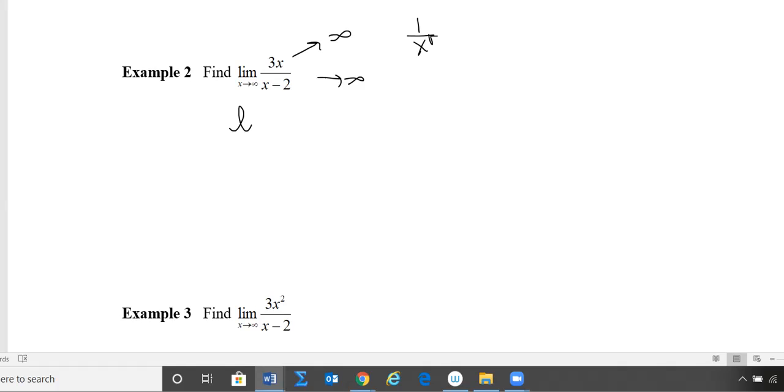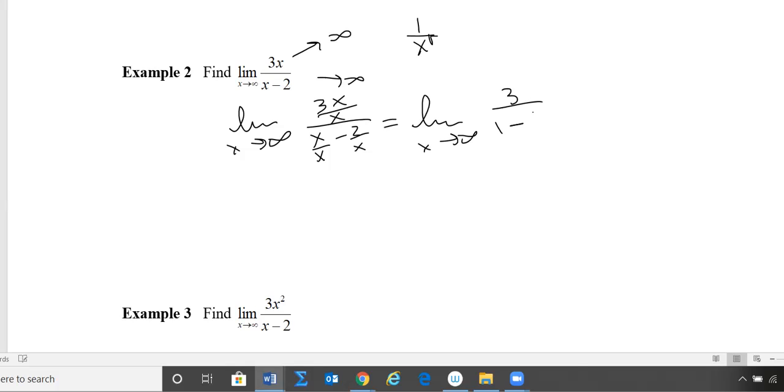So we'll divide the numerator and denominator by x. That gives us this. And what's good about this is that now we can handle these forms. This is going to 3, this goes to 1, and this goes to 0 based on our special limit theorem from above. So we have 3 over 1, or just 3.